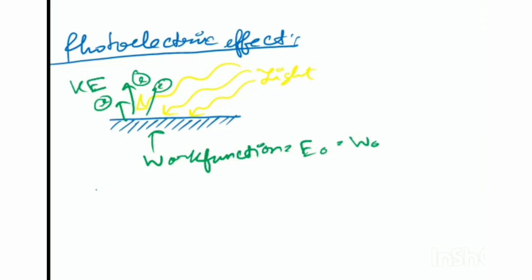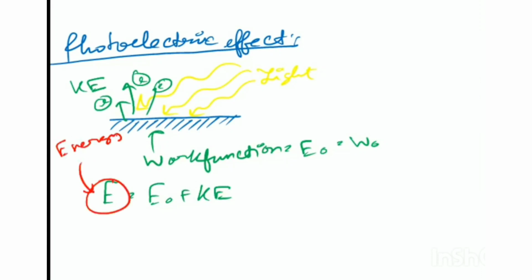From this, Einstein deduced a formula: E equal to E naught plus K. Now this E is the energy of radiation.